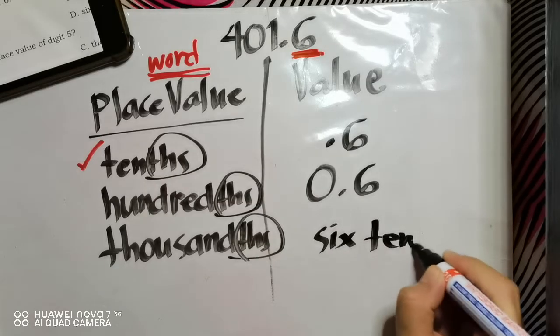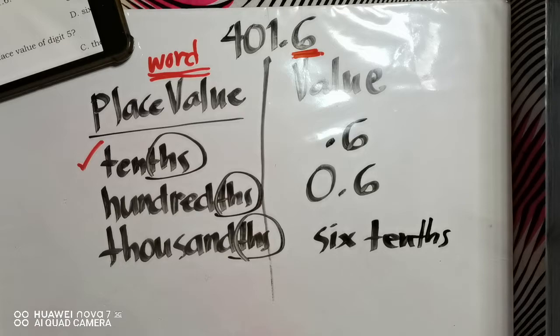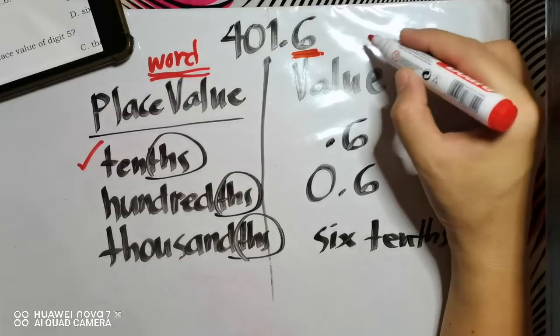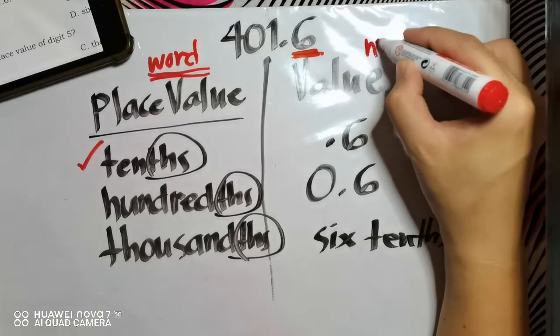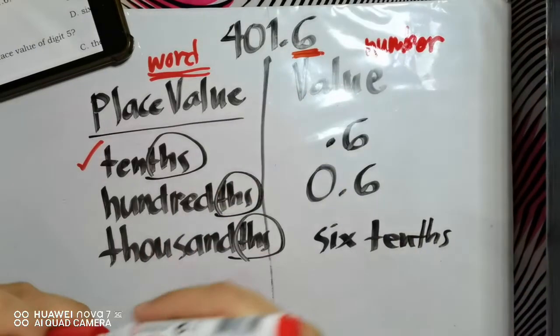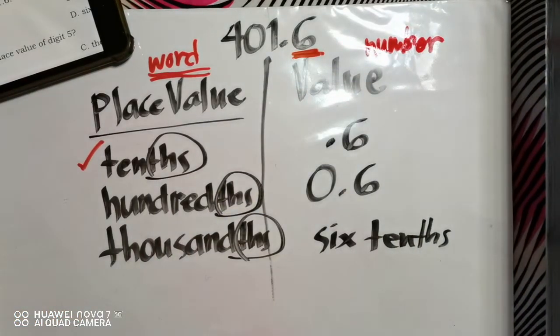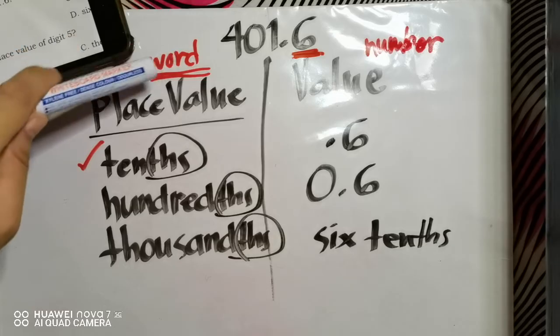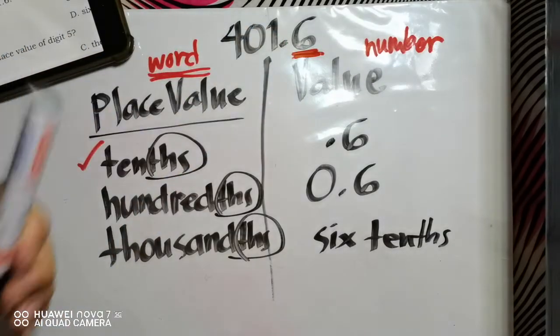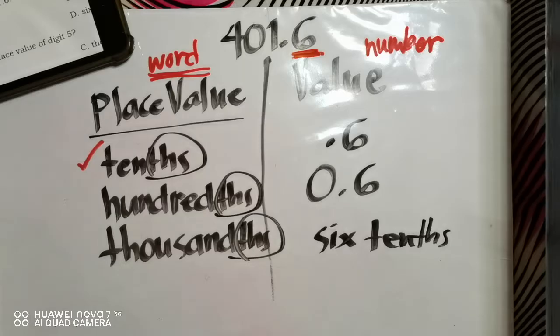Okay? So, if we talk value, it pertains to the number na ang kanyang binibigay. Again, place value pertains to the word, and then the value pertains to the number. So there are different ways on how you can write it.